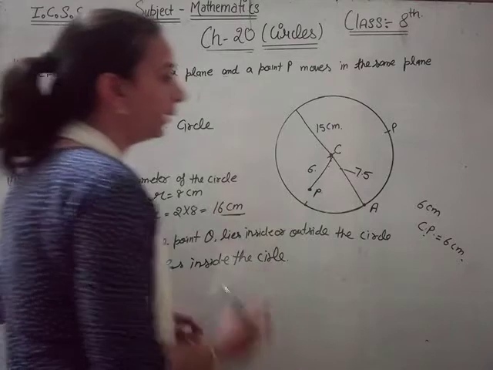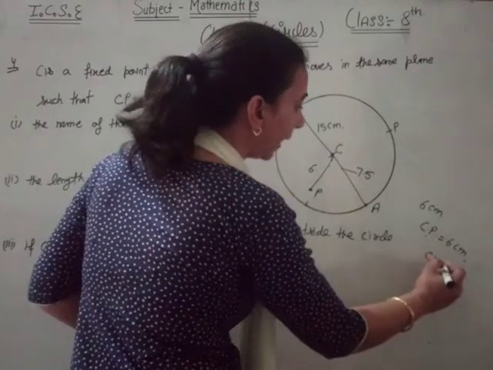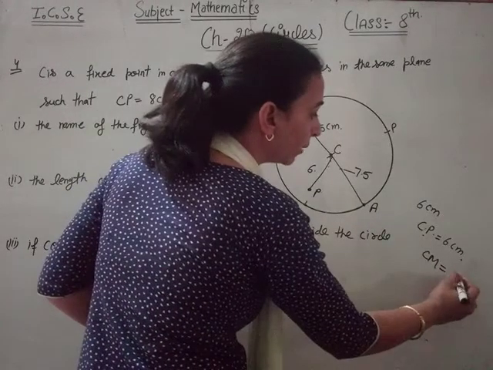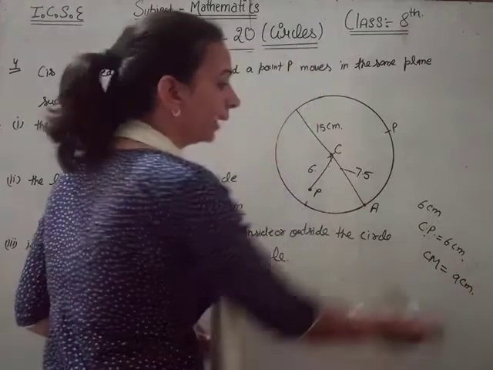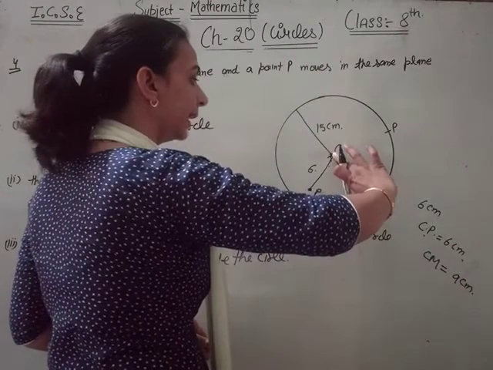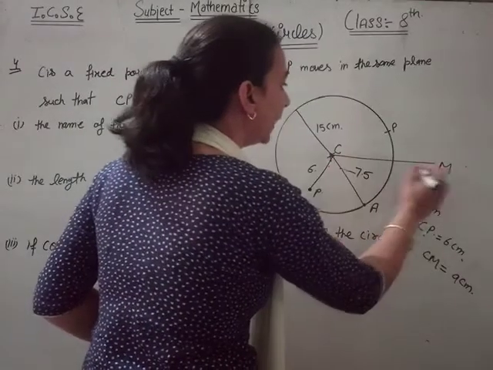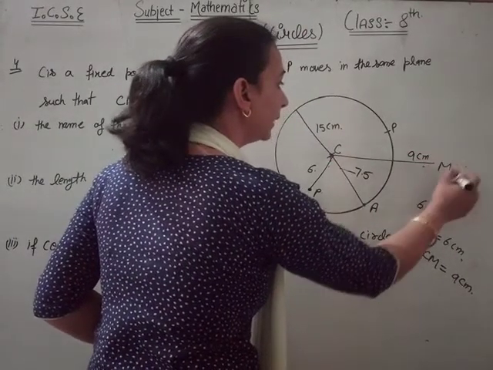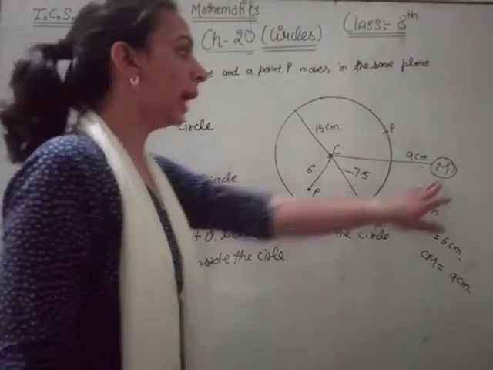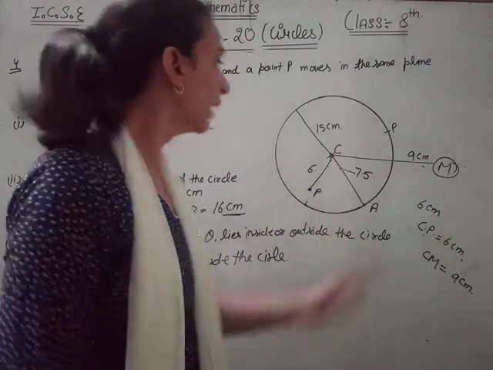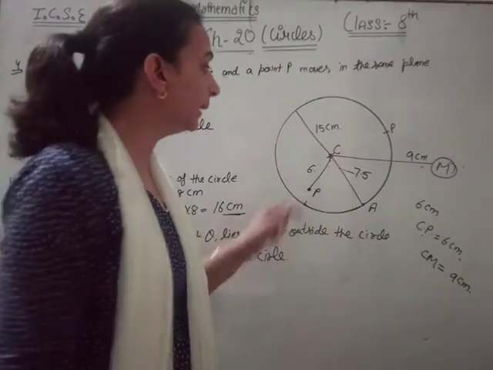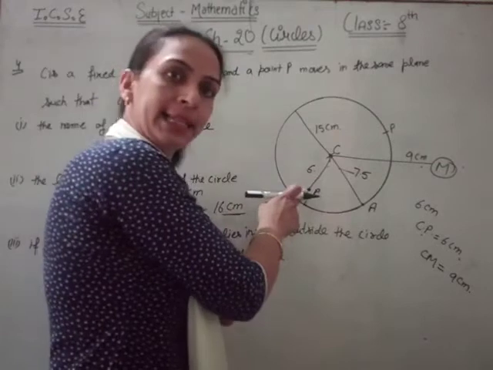Okay, but if we take CM equal to 9 centimeters, student, 9 centimeters is greater than the radius. Then for point M, CM equals 9 centimeters, so the position of M is outside the circle. If any length is less than the radius, then the point is inside the circle.